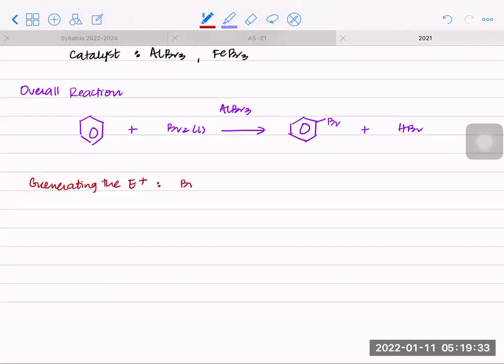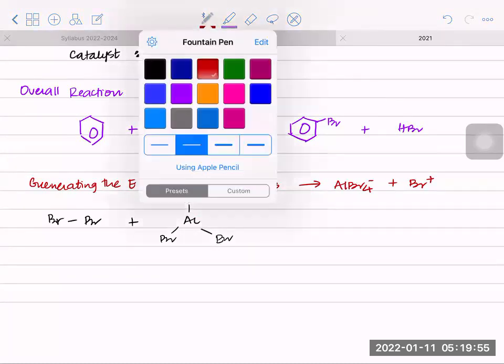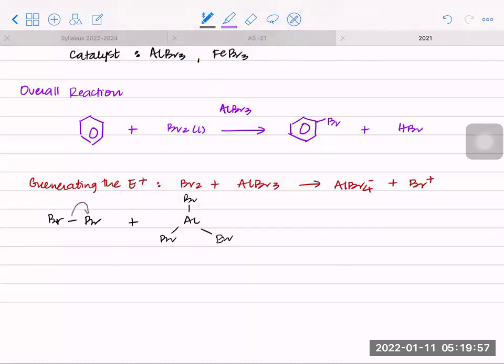So you have bromine plus AlBr3 making AlBr4 minus plus Br plus. So you have Br2 right here, with AlBr3. Now what happens is that this undergoes heterolytic fission such that both the electrons go to the same Br. So let's go here. There will be a lone pair here.